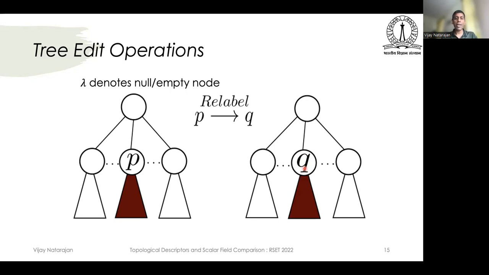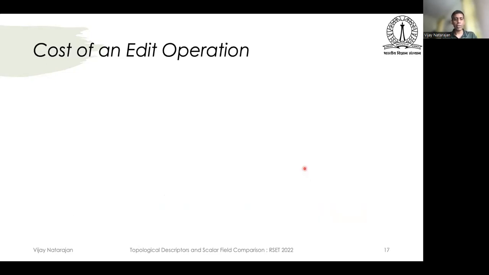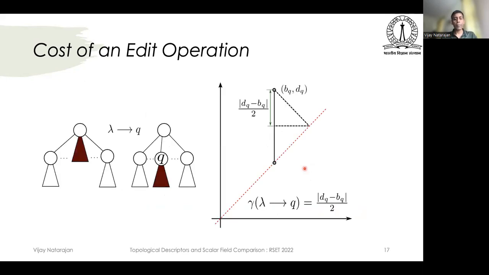We want to associate costs with these edit operations. Let's talk about the cost of these operations. The cost of an edit can be considered in terms of the topological features that are represented by the node that is being edited.